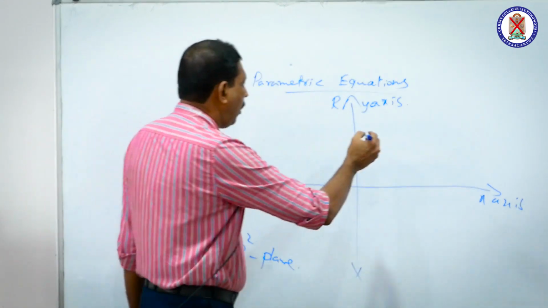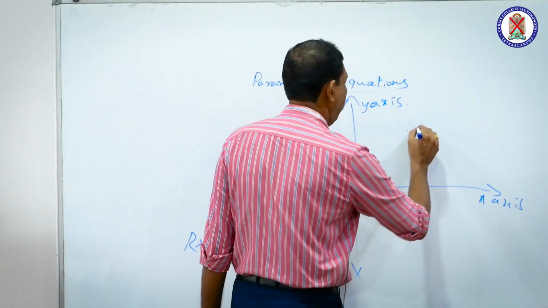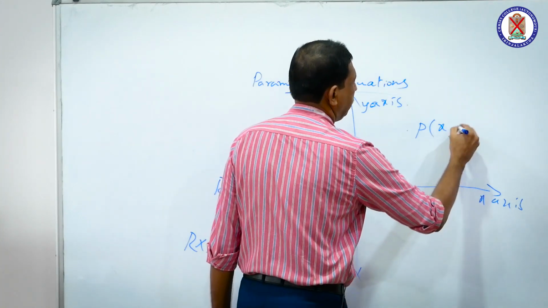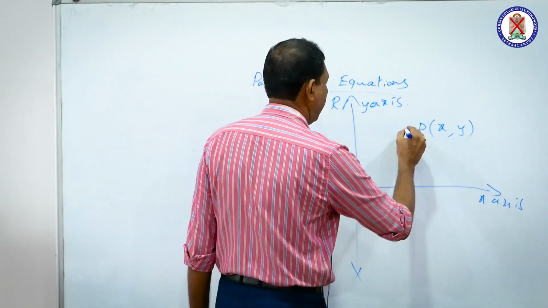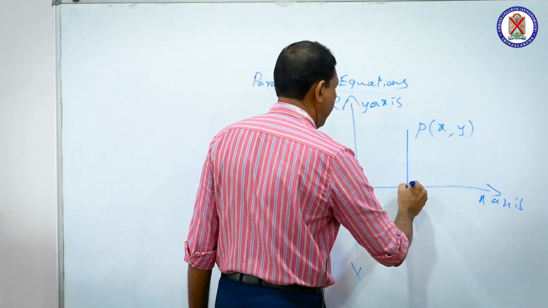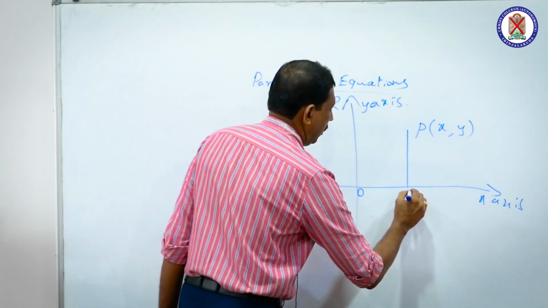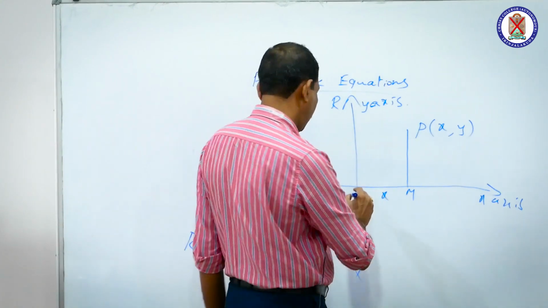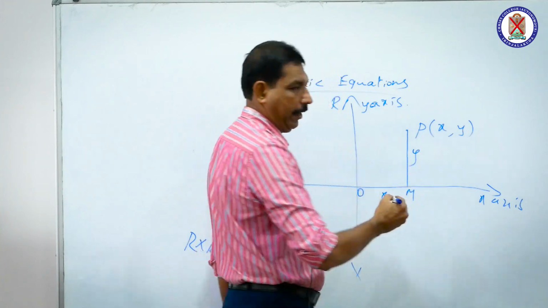Any point on this plane will be P, and it has two coordinates, P(x, y). That will be obtained by drawing a perpendicular to the x-axis. This OM is x, where M is the foot of the perpendicular, therefore OM is x and MP is y.